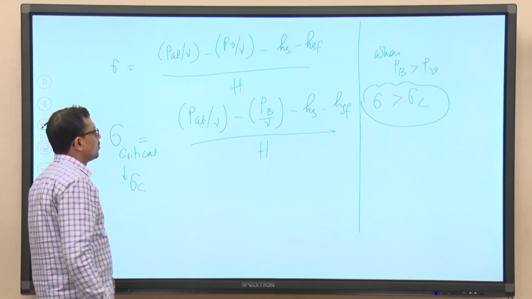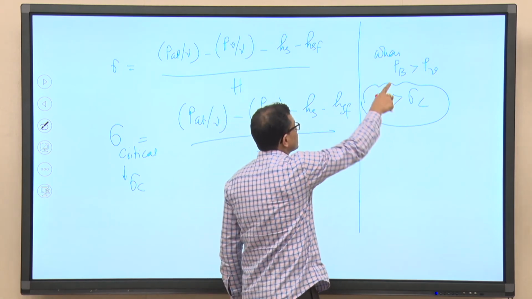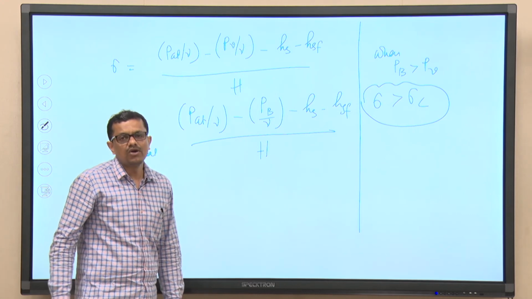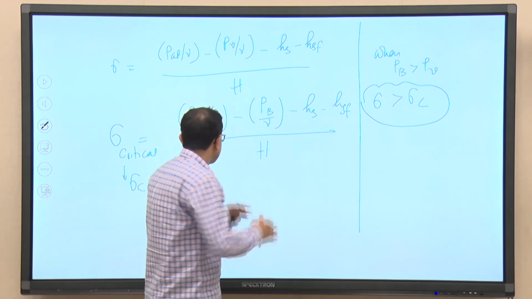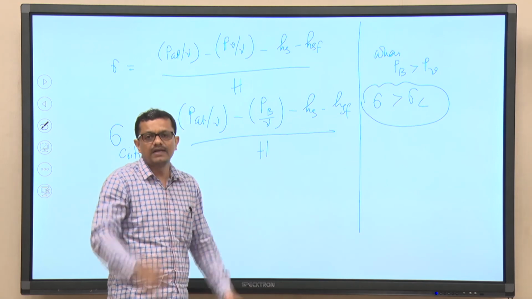Okay. So, what we can see from this expression is that when sigma is greater than sigma_C, that is P_B greater than P_v, will cavitation occur? No. Cavitation will not occur. That means the critical value of pressure at which there will be onset of cavitation.